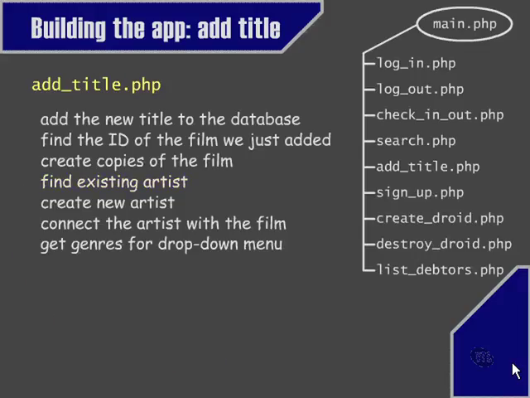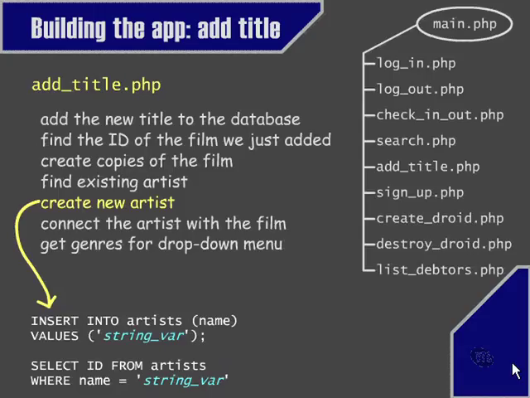If it's not, we need to create a new artist. We simply insert into the artist table the name, and then we run a simple select query to find the ID that has just been automatically generated by the auto-incrementing primary key field ID.